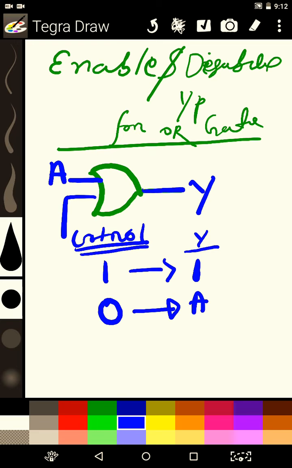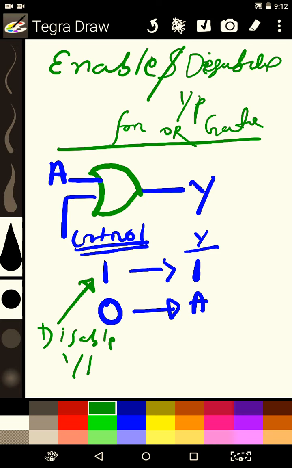So for the OR gate, the 1 acts as a disable input and 0 acts as an enable input. Why? Because whenever we give 0 as a control input, the output is a function of the input. That's why the 0 acts as an enable input for the OR gate.